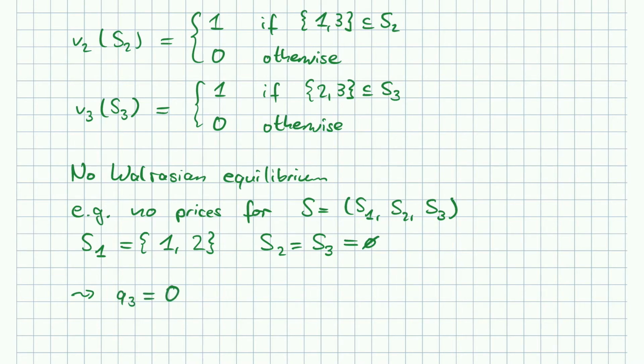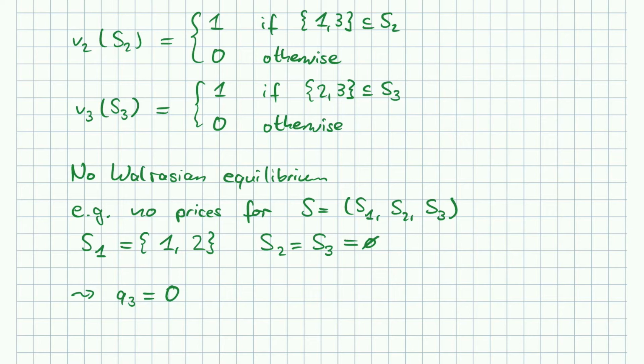What else do we have to have? Players 2 and 3 have to be happy with what they're getting, namely they're not getting anything. But what would be an alternative for them is, for the second player, we could also give them the set of items 1 and 3. And for the third player, we could also give them items 2 and 3.